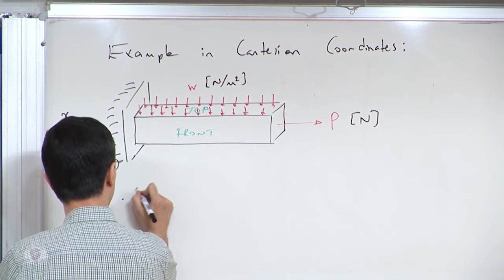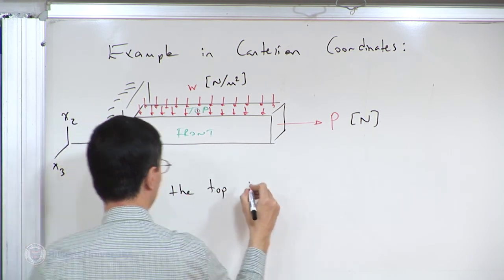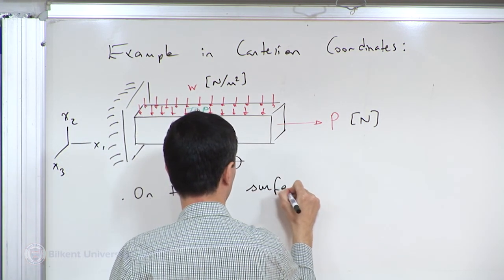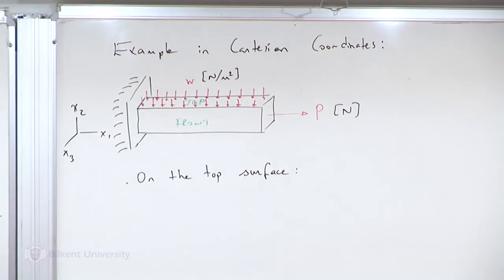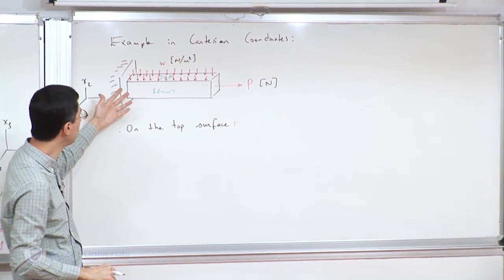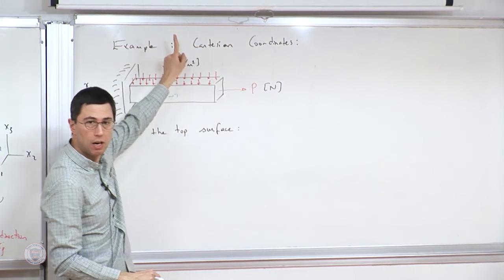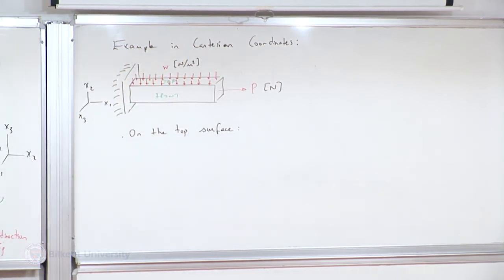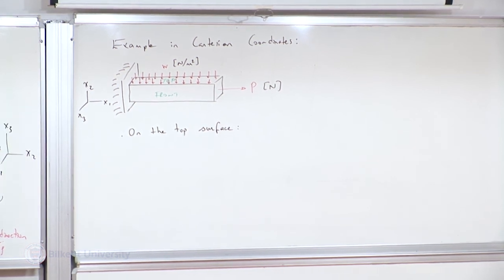So I begin with the top surface, this one. We'd like to talk about the components of the stress, right? Whenever I consider a surface, the first thing I make a note of in my mind is the normal associated with the surface. It's x2 on the top surface. So unfortunately my directions are different, but the normal is 2.